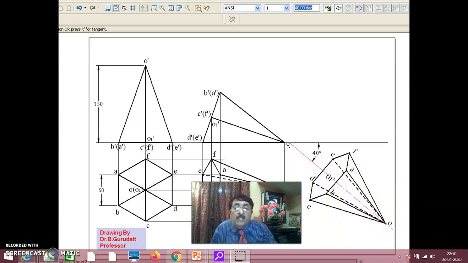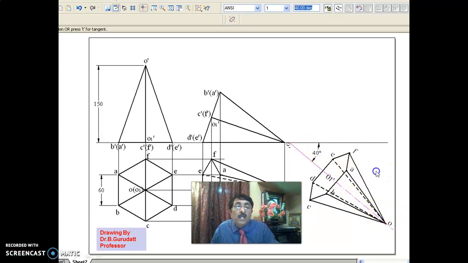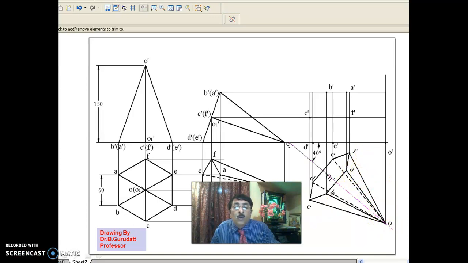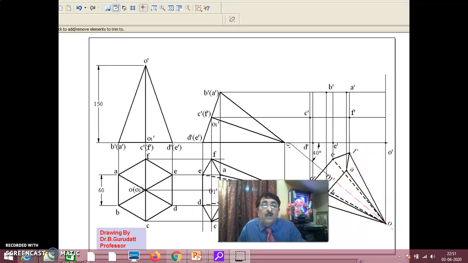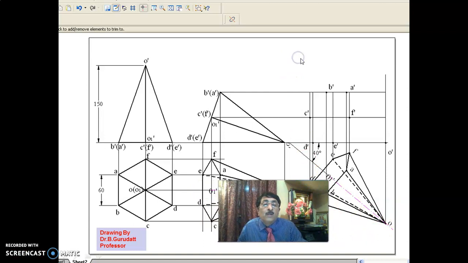Now second stage top view, move, copy, rotate in such a way that axis is inclined at 40 degrees to VP or XY line. Then as I told you, obtain all the points in the other view and join the outer boundary of these points by dark lines.